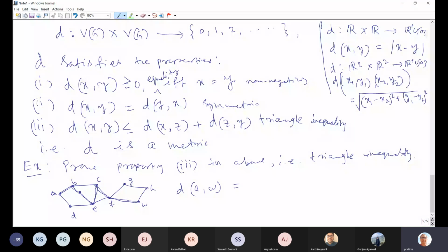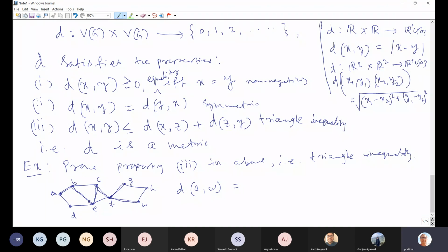And there are also other paths. Suppose I could have gone from F along G, H, then the length of the path would increase. But we are interested in the length of the shortest path.